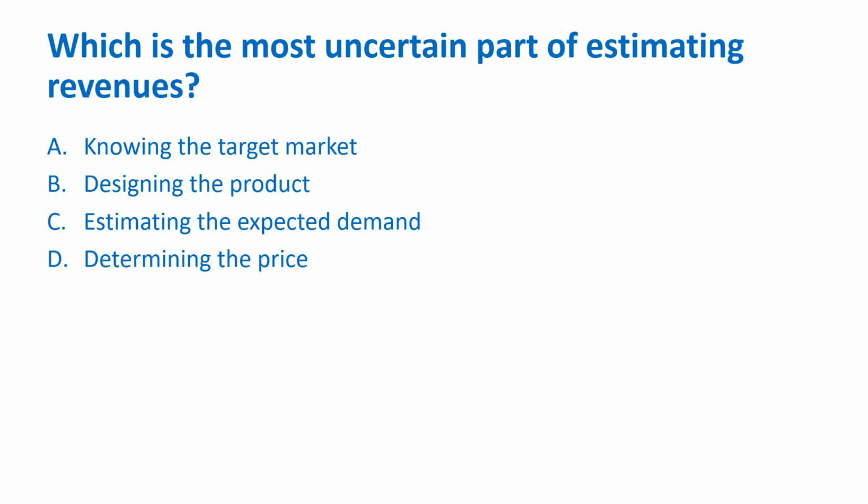The correct answer is C. Knowing the market, you know which market to target. It's not the most uncertain. Designing the product, you know what your customers want, you're designing it. But estimating the expected demand, how many people do you expect to buy your product? That's a tough one. The price is something you are determining.